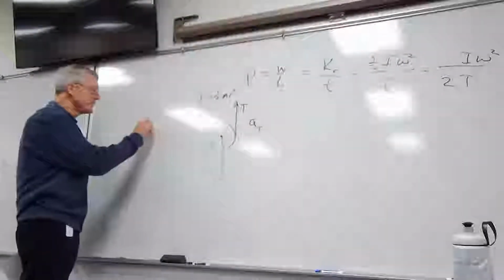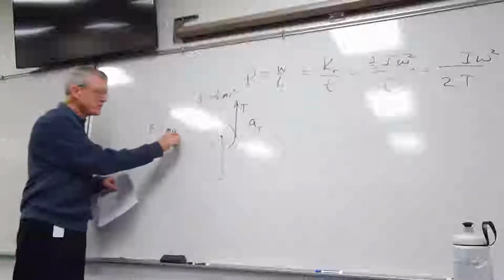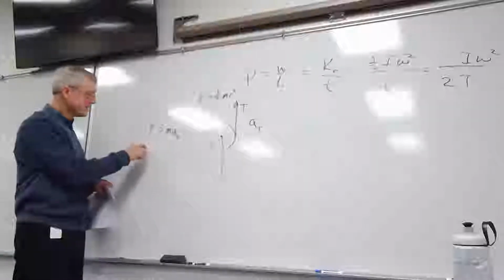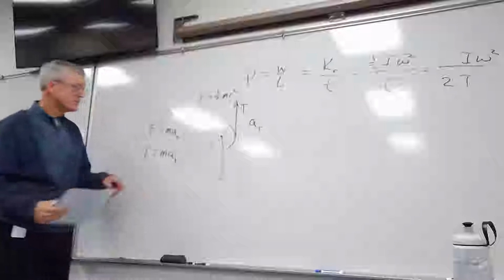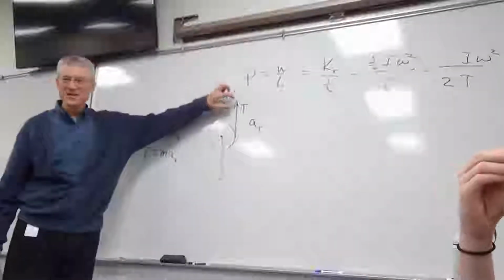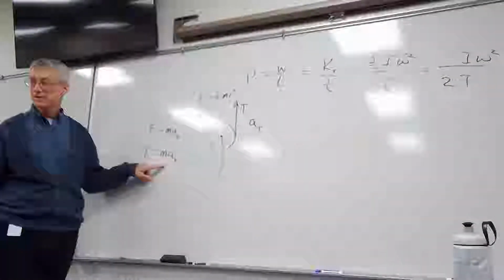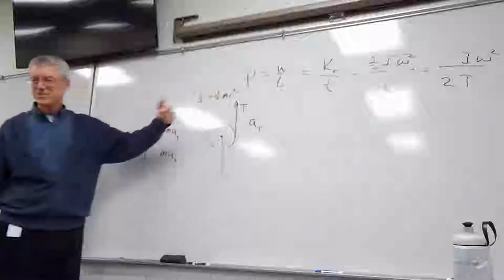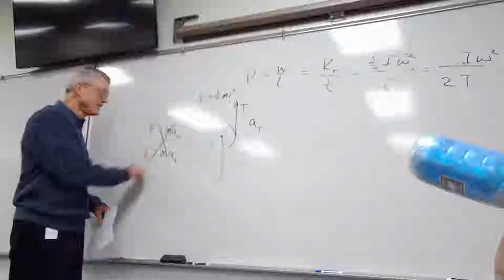The force is T, so you can say T is equal to ma translational, but the mass in that equation would be the mass of the hand. Who knows what that is? It's the mass of the thing accelerating in a linear direction. Well, that's the hand. We don't know the mass of the hand, so it kind of throws that out. We can't do it that way.